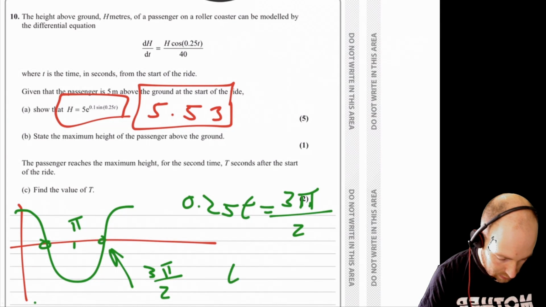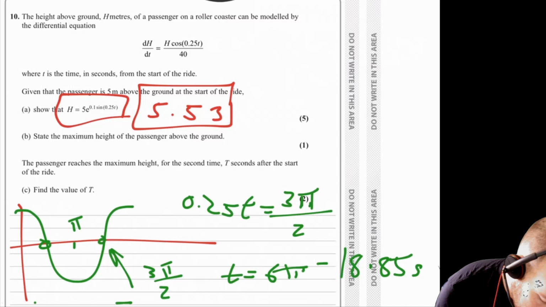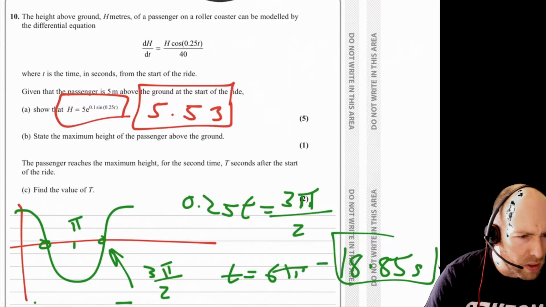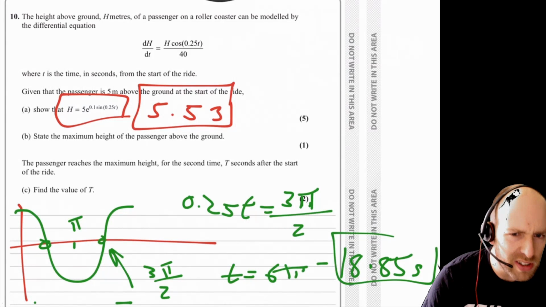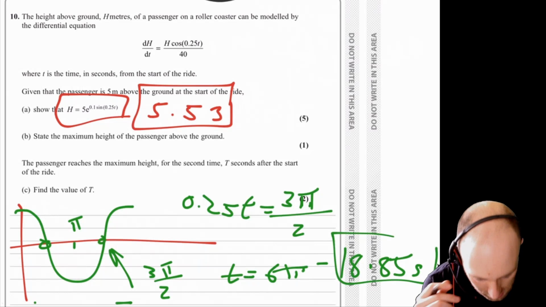That gives me t is 6 pi, which is 18.85 seconds. Which, right, you guys got 31.4, which is right. What have I done wrong? Because I remember getting that yesterday.